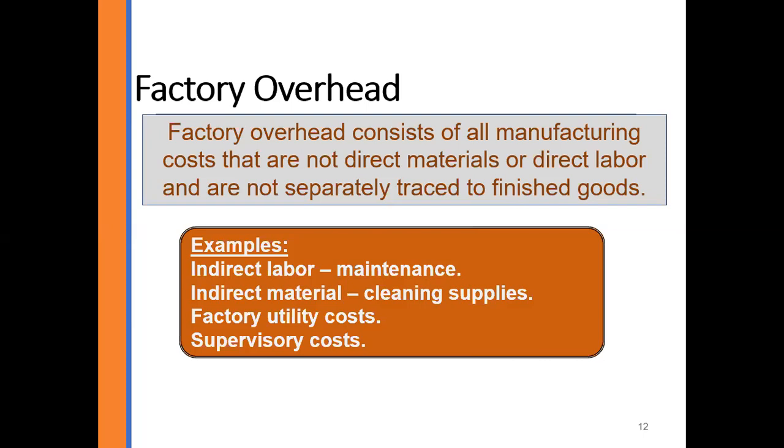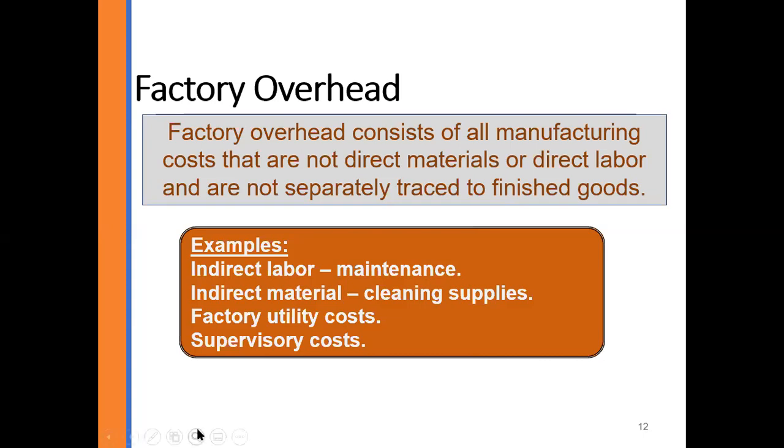So utilities on the factory, maintenance on the factory equipment, maybe cleaning expense on the factory if we have a cleaning crew that comes in and does it, depreciation on the factory, taxes, real estate taxes, or taxes payable on the factory. Those are all considered overhead cost.